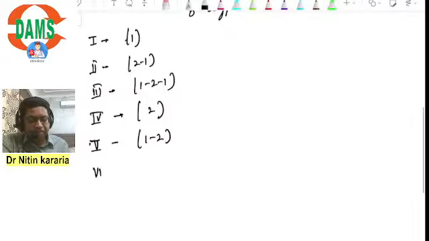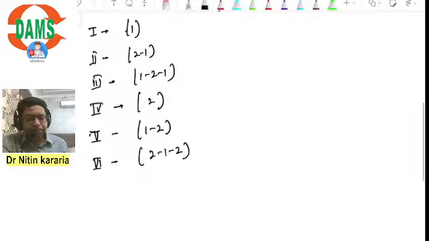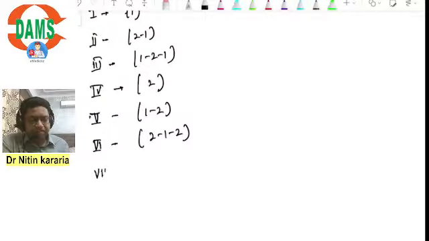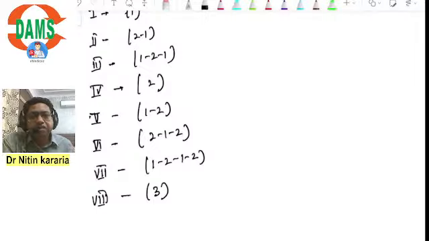Type 6 is 2-1-2. Type 7 is 1-2-1-2, and Vertucci type 8 finally is configuration 3. Details are already provided in the class notes.